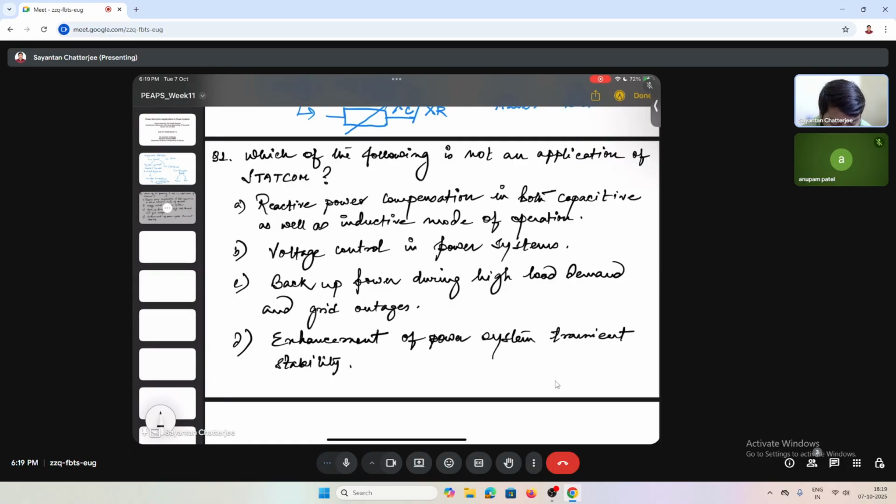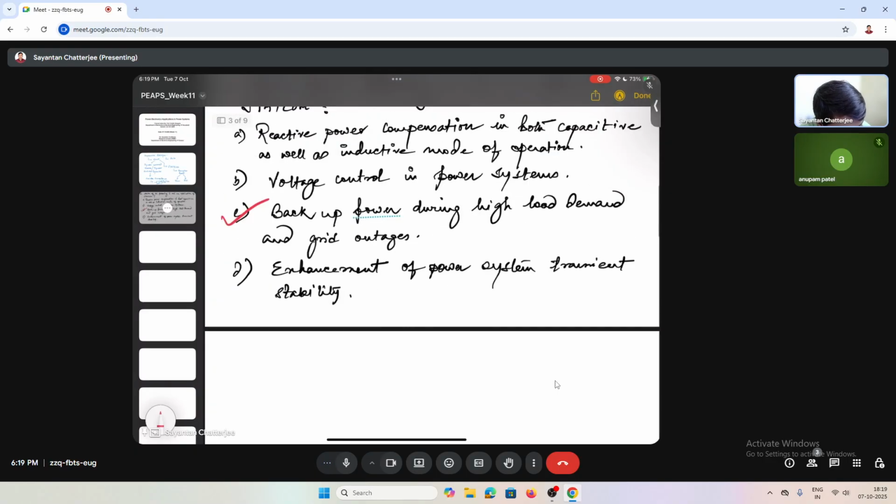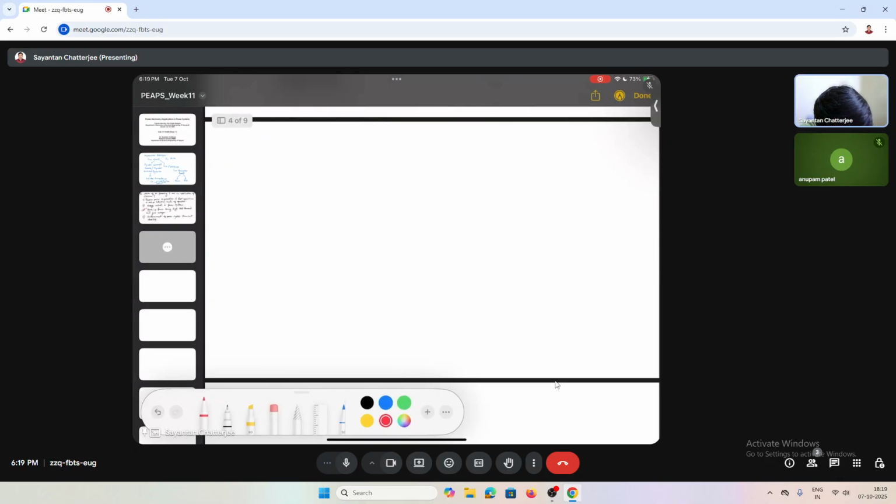Any answer? Please feel free to answer. I think C will be the answer, sir. Because voltage control, it provides transient stability. It also provides reactive power compensation. So C is the answer. Yes. So moving on to the next question.